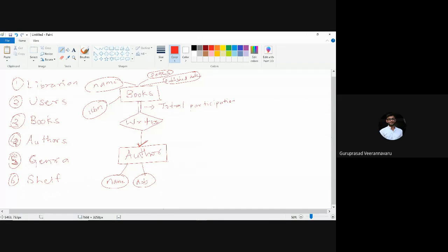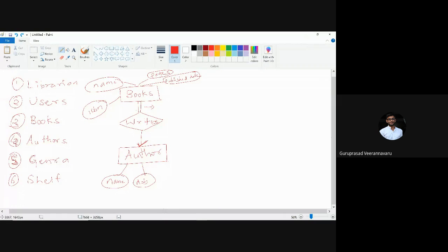So what I'm trying to say is, for a book to exist, there should always be an author, no? Yes, that I understood. So for now, let us assume only one author writes a book. It will get complicated if we say a book can be written by 3, 4 authors also, no? So let's say in our library, books are written by one author only.